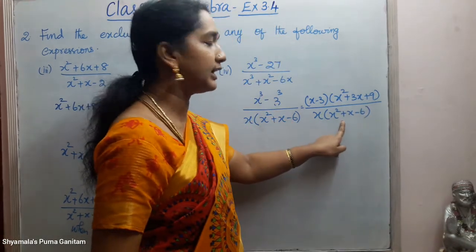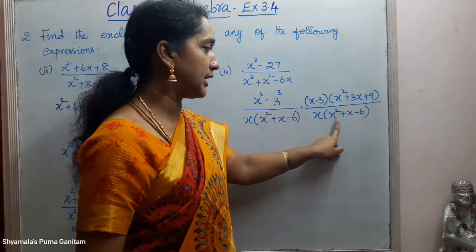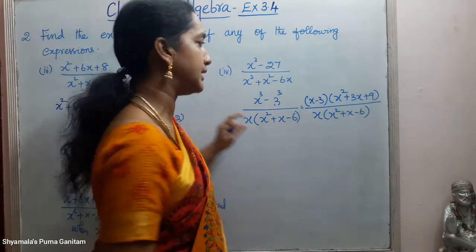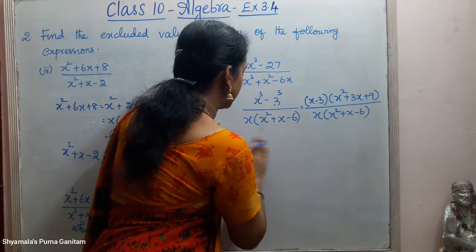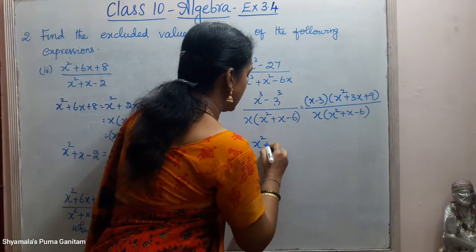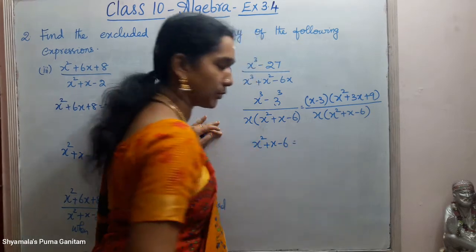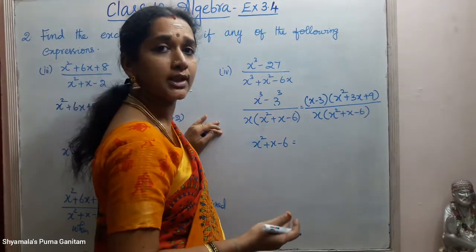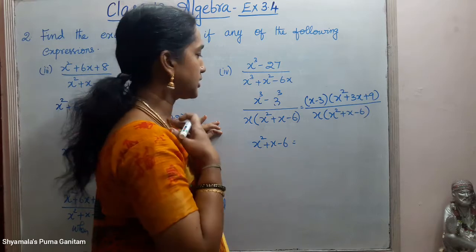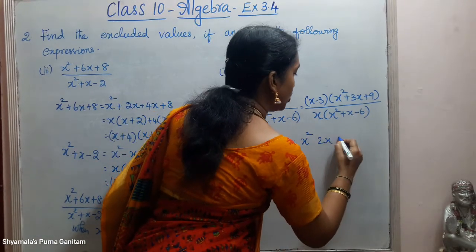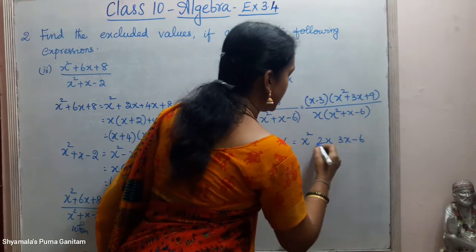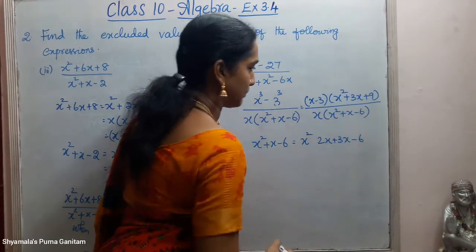So now we will find the factors of this denominator, x squared plus x minus 6. Only for that we will find the factors. x squared plus x minus 6: 3 twos are 6, we can take. 3 twos are 6, and the bigger number's sign is plus.